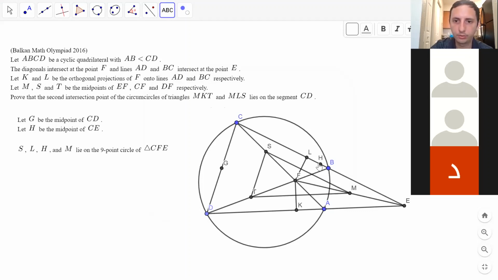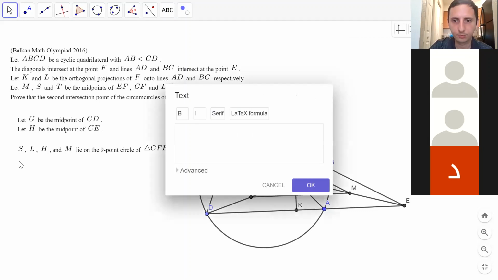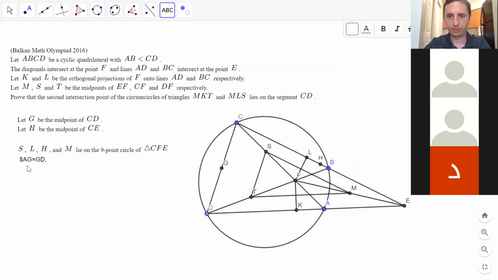We have GH parallel to DE. So I'll just write out why: AG equals GD, and CH equals HE.